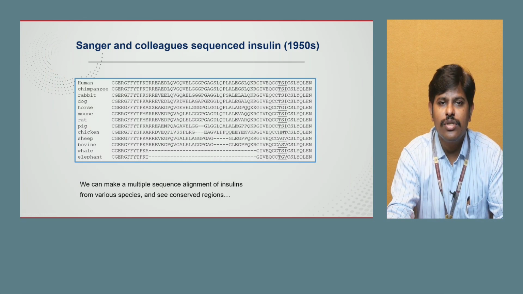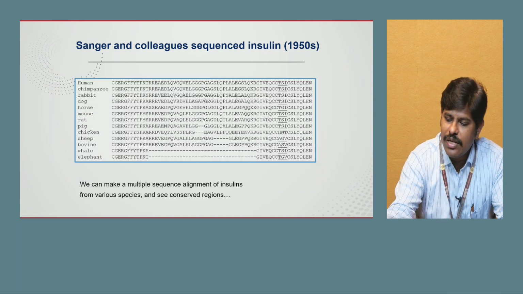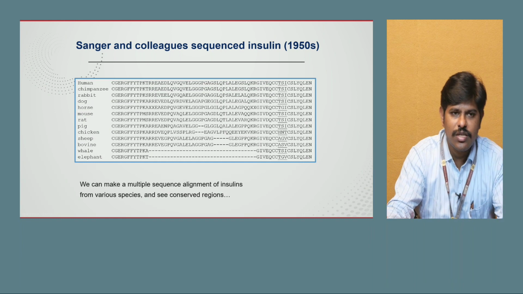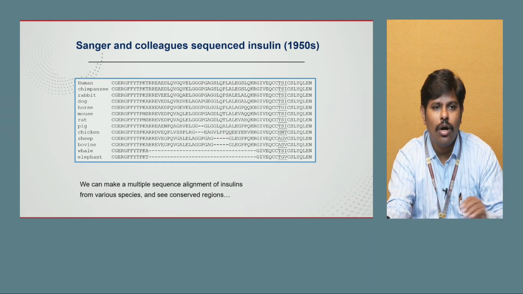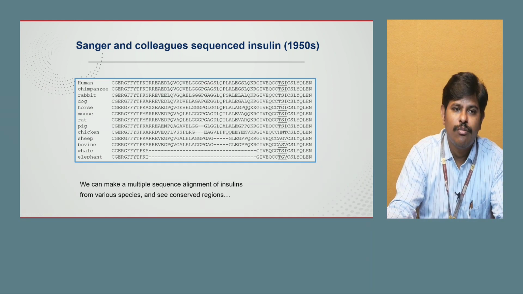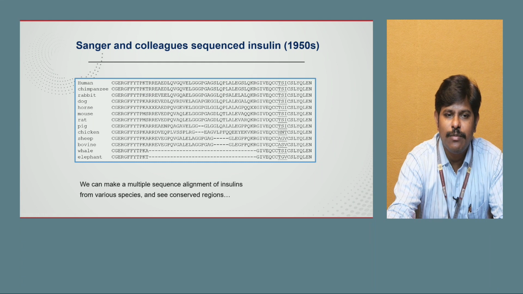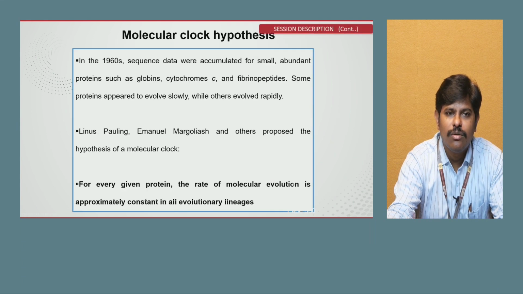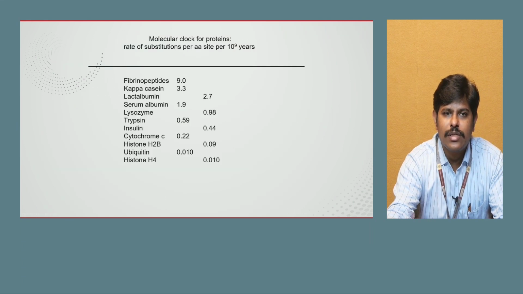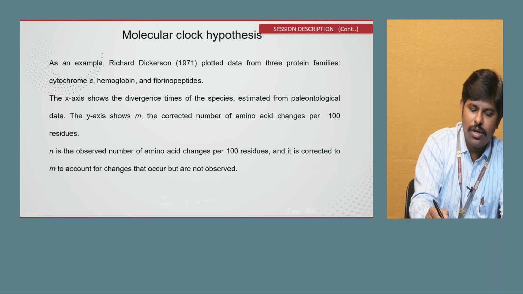Using the insulin sequences of different organisms: human, chimpanzee, rabbit, dog, horse, mouse, pig, chicken, sheep, bovine, whale and elephant, by performing multiple sequence alignments, we can derive a hypothesis called the molecular clock hypothesis.